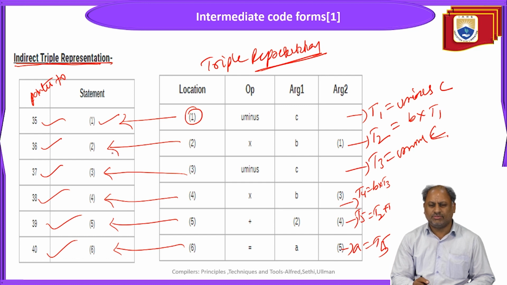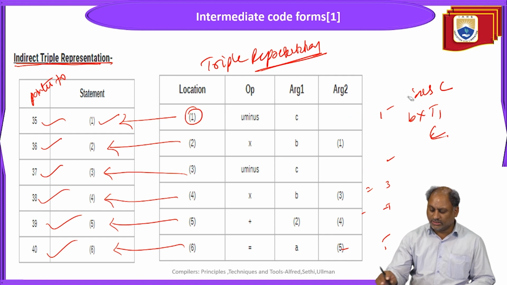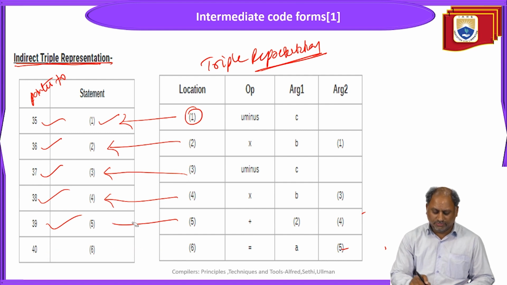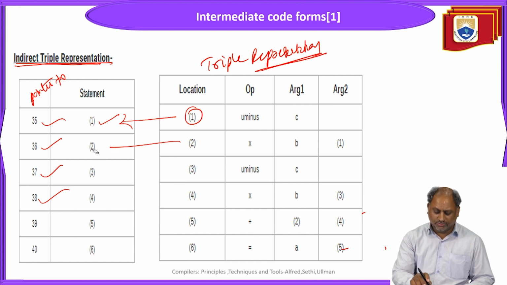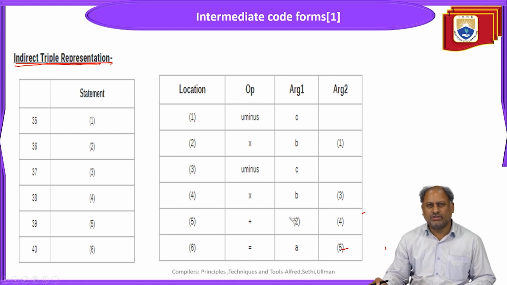So this is the format of indirect triple representations. The only difference is that we write the same thing, but with two entries. One is the reference instruction and the memory address where it is stored, and this pointer to address location is to be taken as a column entry.